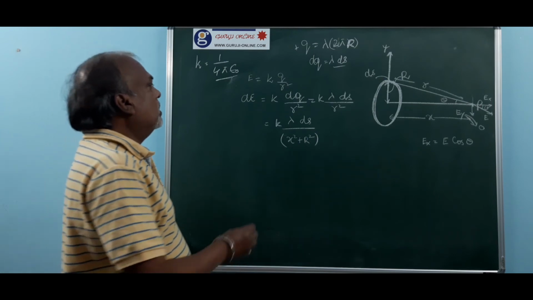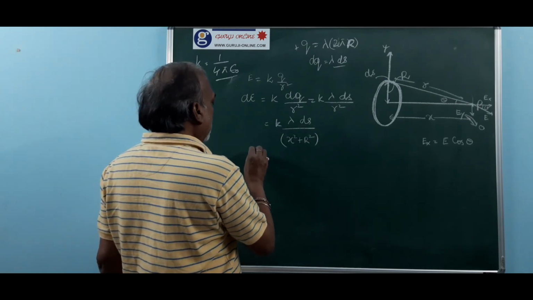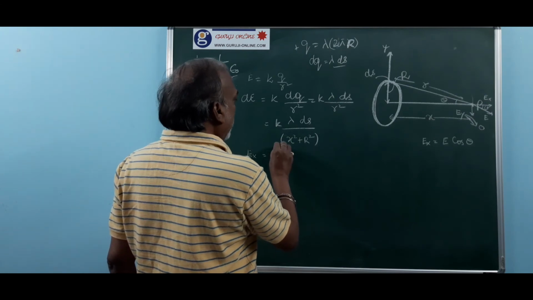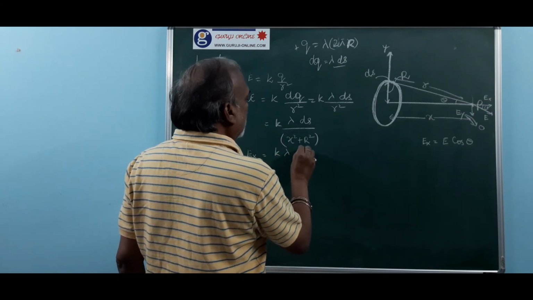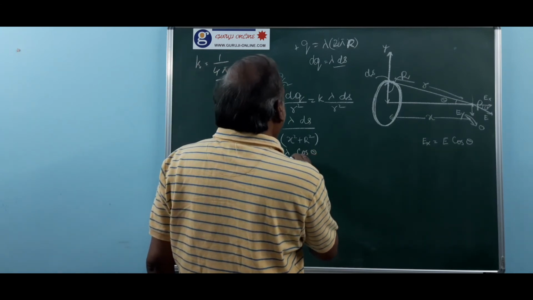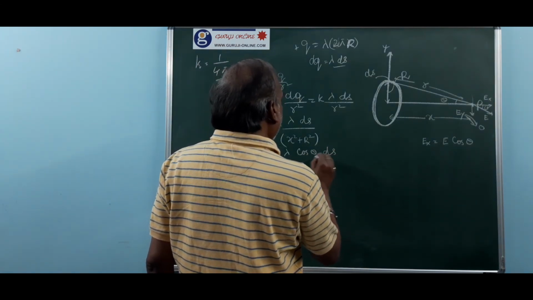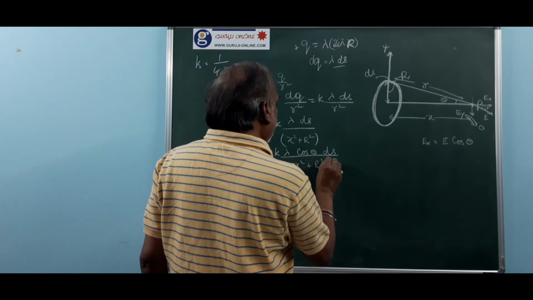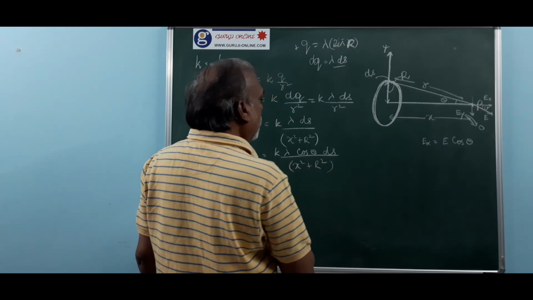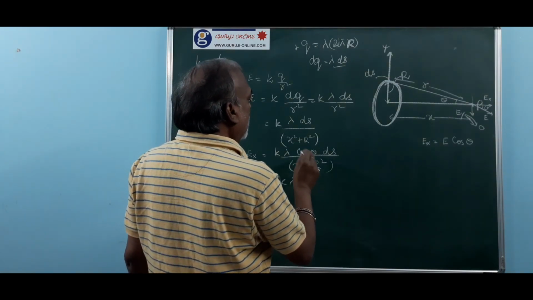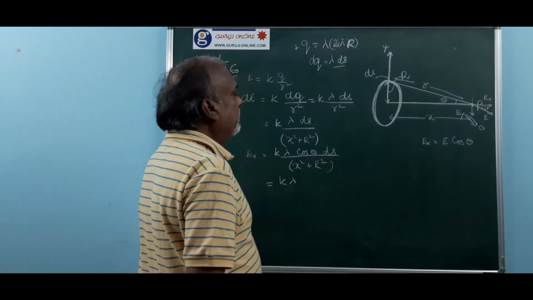Now, what is Ex basically? K lambda cos theta ds upon x square plus R square. Now what is cos theta?